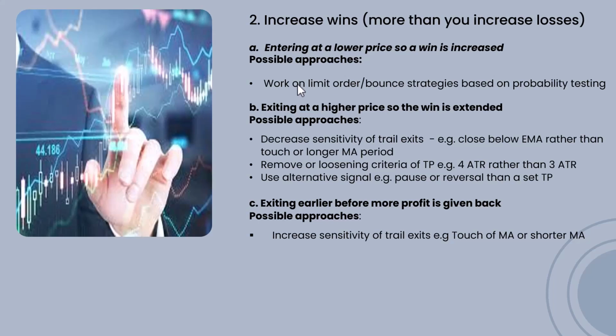But again, we'd have specific criteria by which that would be the case. So it might be that if the distance is in excess of 2 ATR, then that would be the trigger for tightening up our trail. We've talked about that in previous videos when we've looked at trail stops.